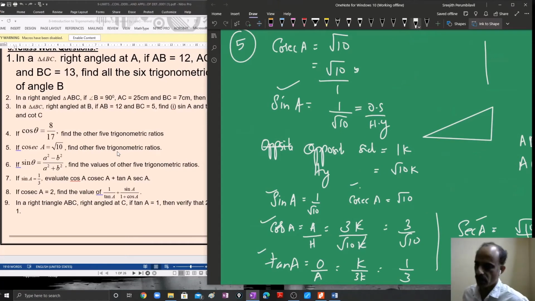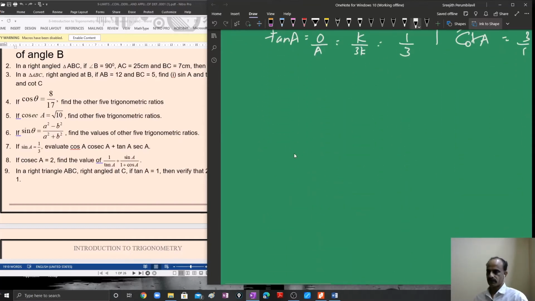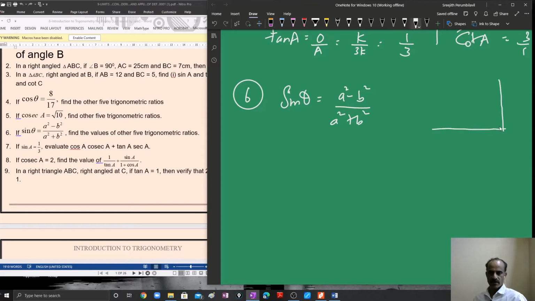Okay. So now let us take the next question. Question number 6. If sin theta is equal to a square minus b square divided by a square plus b square, find the value of all trigonometric ratios. So I am just drawing one triangle, naming it A, B and C. Take this angle as theta.